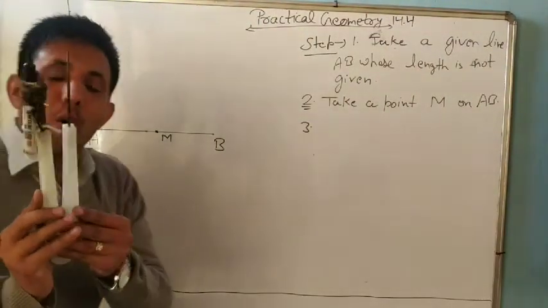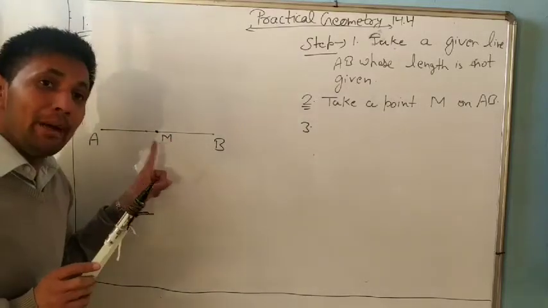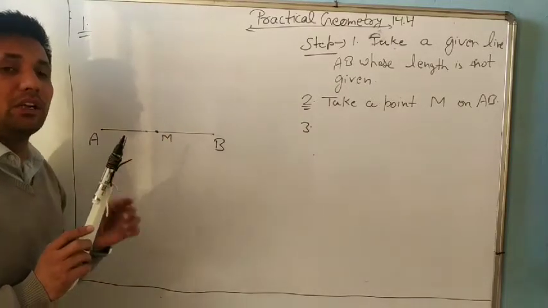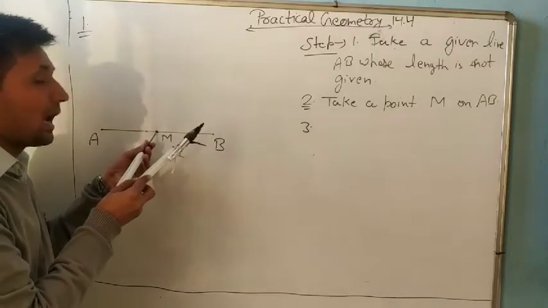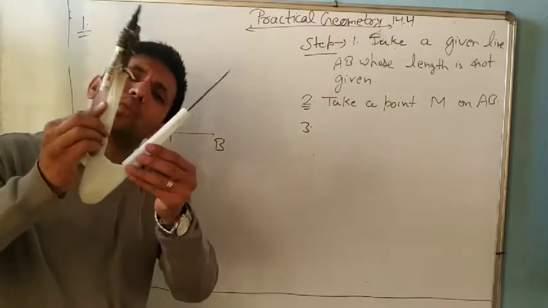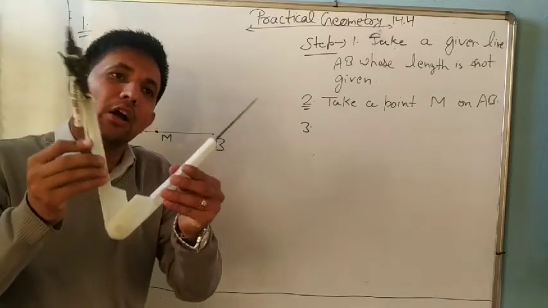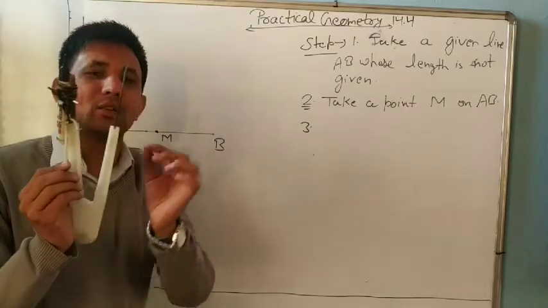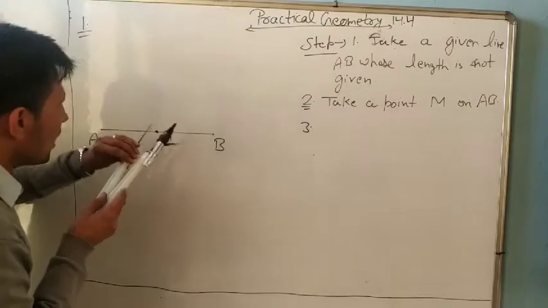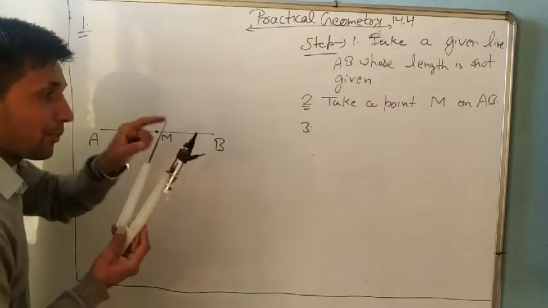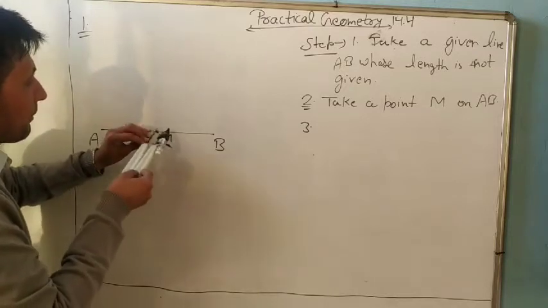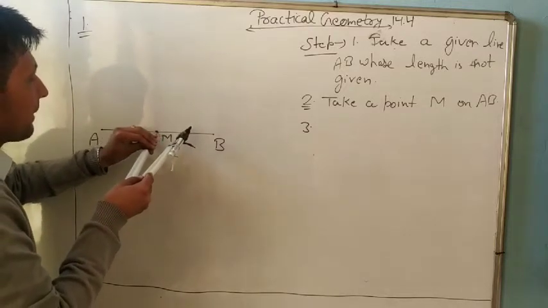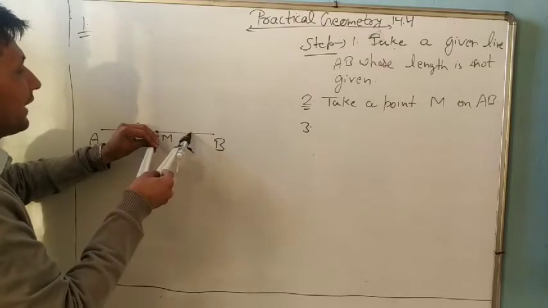We will take M as the center and open the compass with any radius, whatever you need. Put the pointer at M. Now after putting it, we open the compass with any radius.